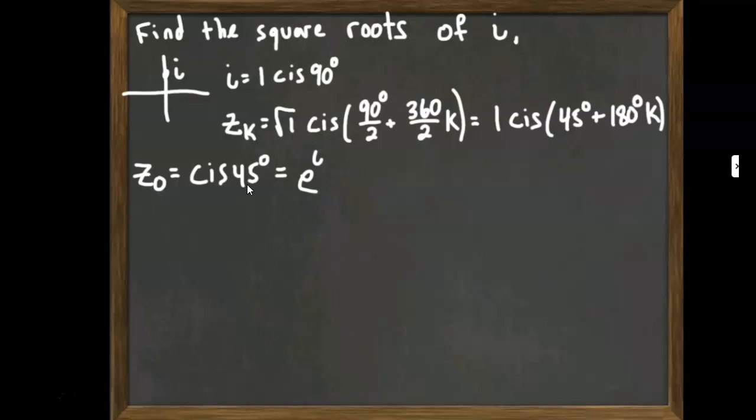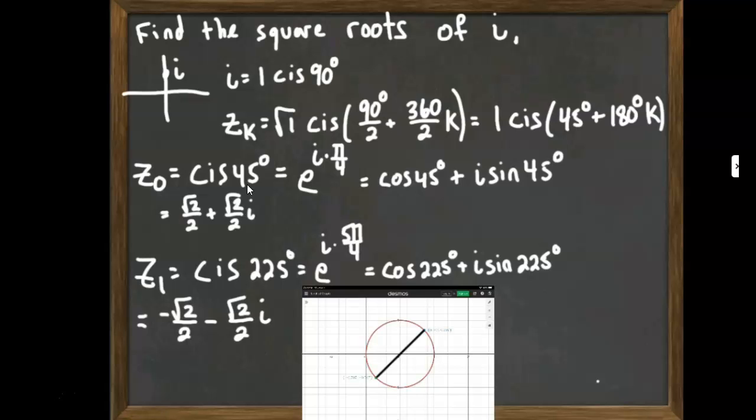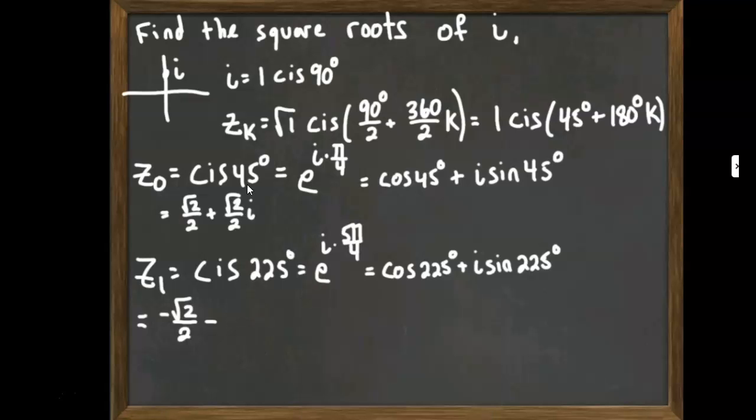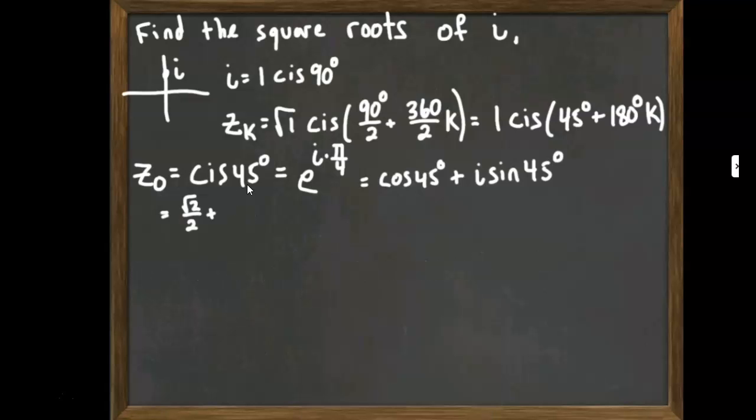So when I write this in exponential form, I have to write it as e to the i times pi over 4, or e to the pi over 4 i. Writing that as e to the i times 45 degrees just doesn't work. There's a technical reason.